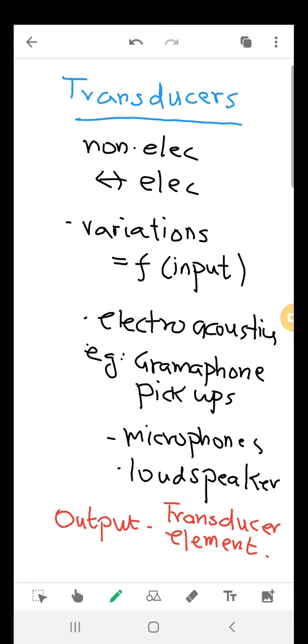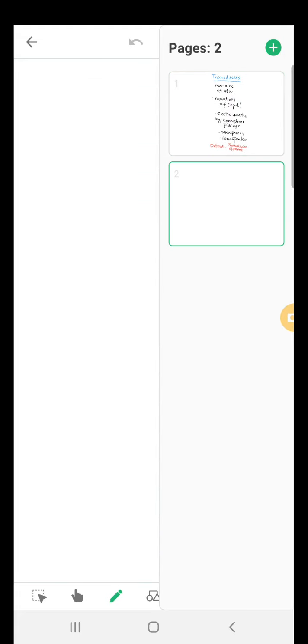Now, the different electrical phenomena employed in transduction are as follows.